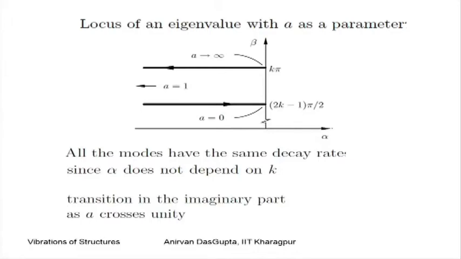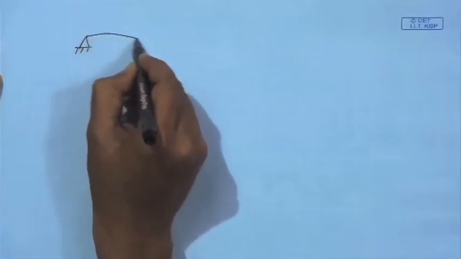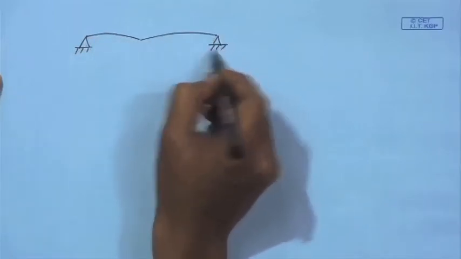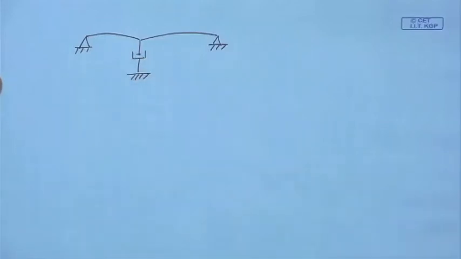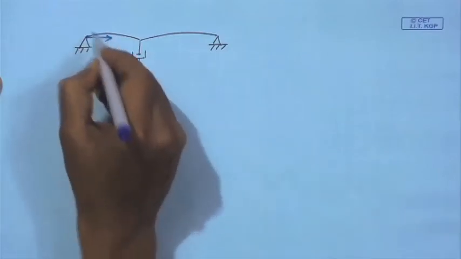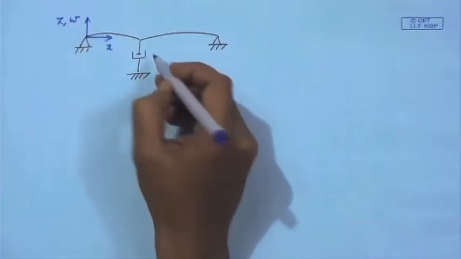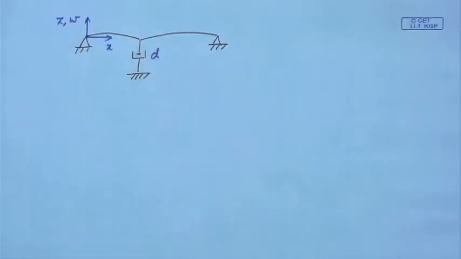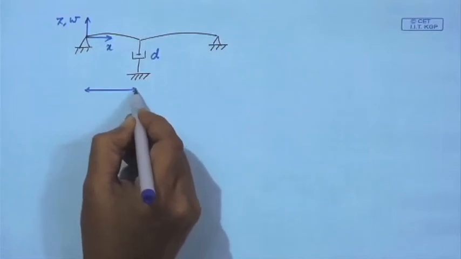So, we have considered one case of a bar with boundary damping. Let us look at another example of a string with a concentrated damper, or a lump damper, at x equal to a.